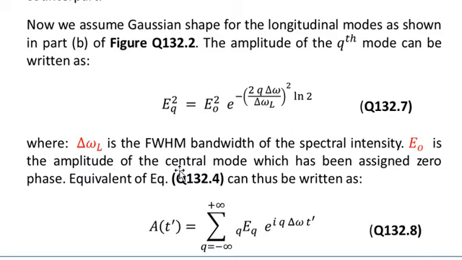E naught is the amplitude of the central mode, which has been assigned zero phase. So the phase reference is with the central mode. The central mode is assumed to have zero phase, and the phases of the other modes will be measured with respect to this central mode. Equivalent of equation number 4 can thus be written as. So let me show you equation number 4 first.